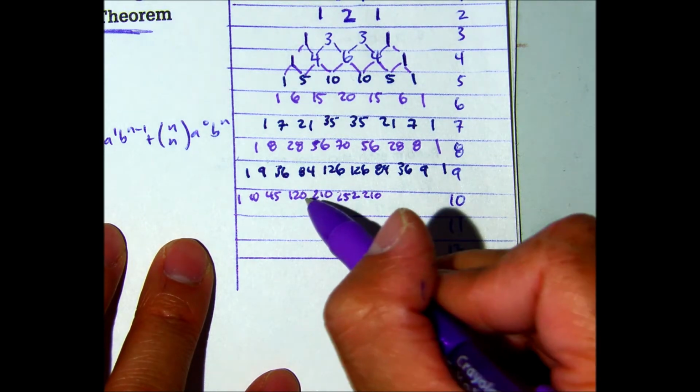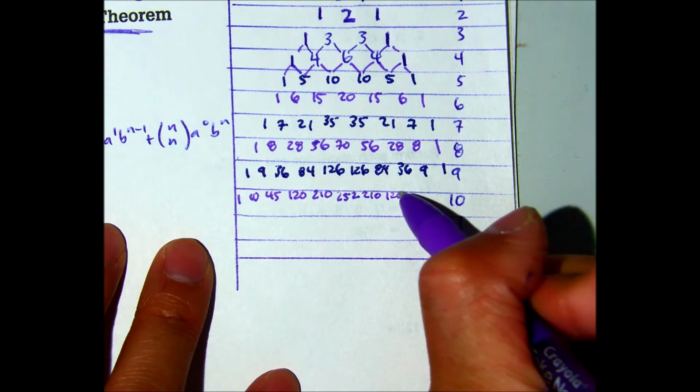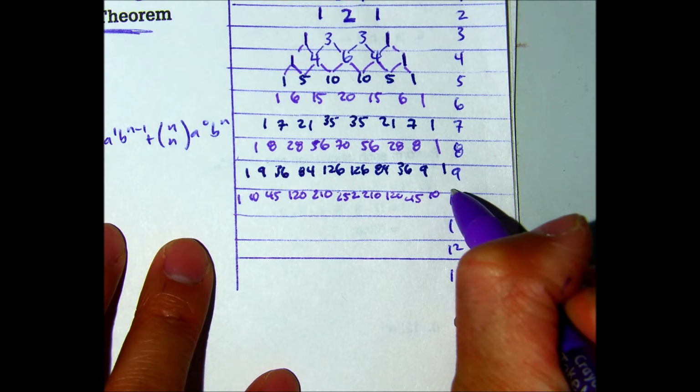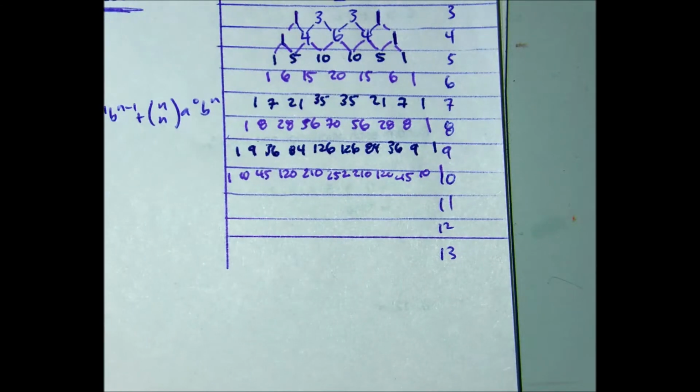Look at your numbers over there. 120. 45. 10. Oh no, running out of space. Let's use a red pen. Thank you, Leslie.